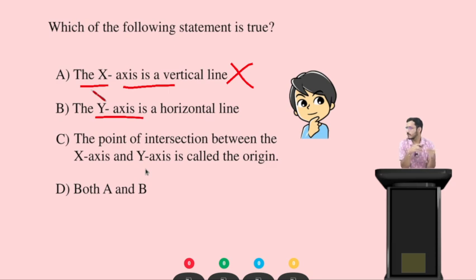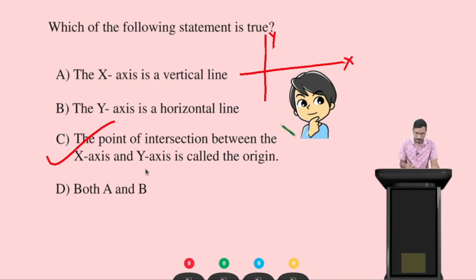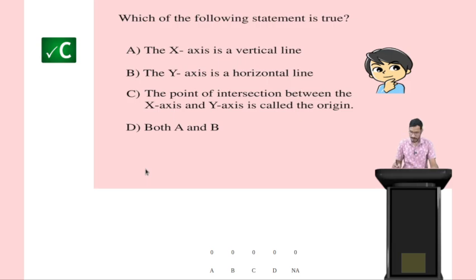Option C, the point of intersection between the x-axis and y-axis is called the origin, is true. So the right answer is option C.